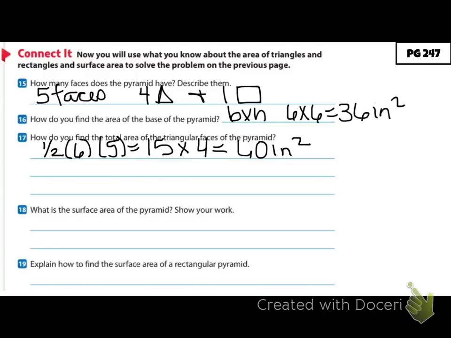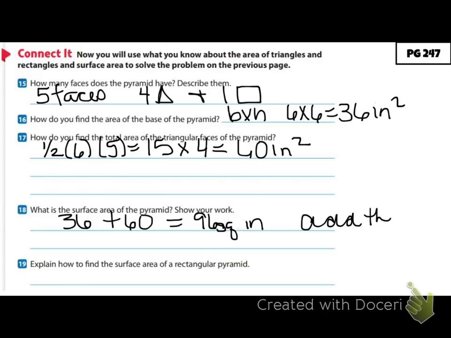So, what is the surface area of the pyramid? We would add our 36 for our square plus our 60 for all the triangles, which gives us a total of 96 square inches. And all we did was add the triangles and squares. Explain how to find the surface area of a rectangular pyramid.